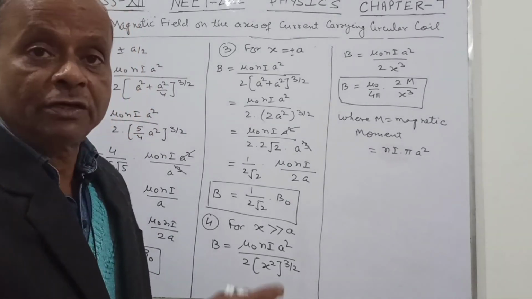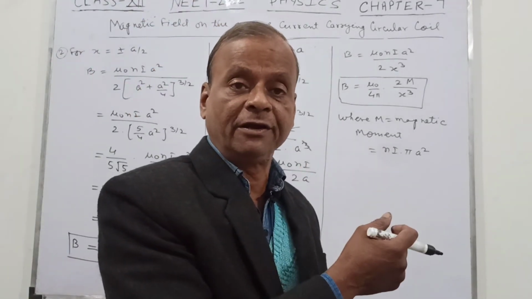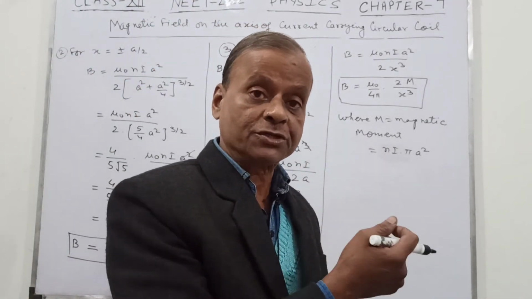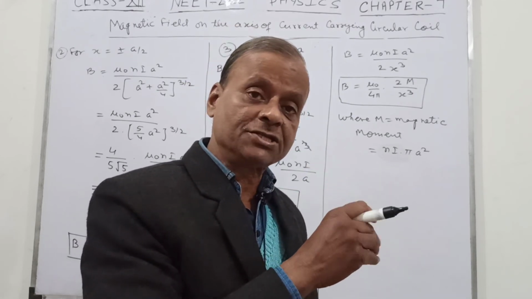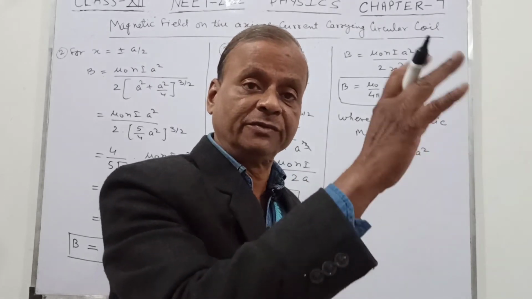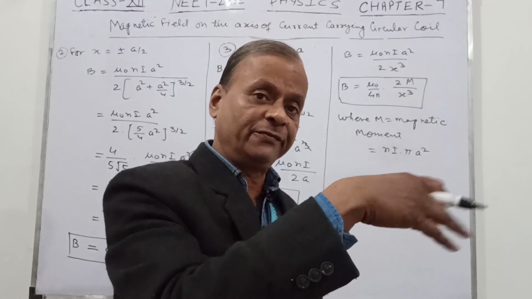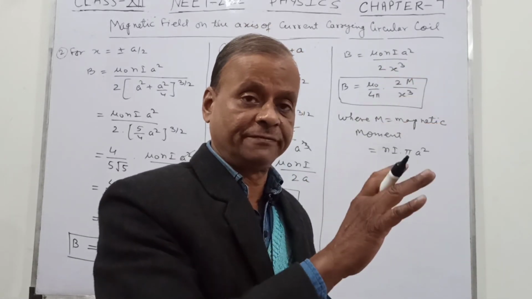Here you can see that this magnetic field is proportional to 1 upon x cube. So as we go away from the center of the coil, the magnetic field always decreases.